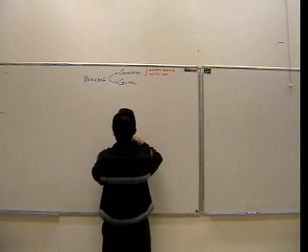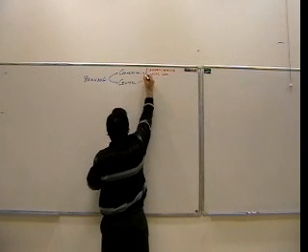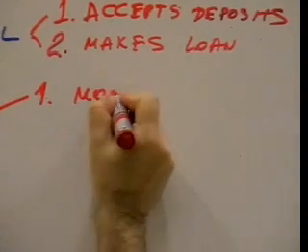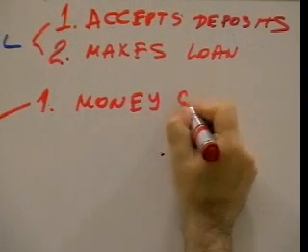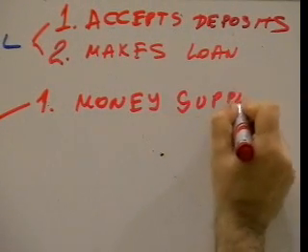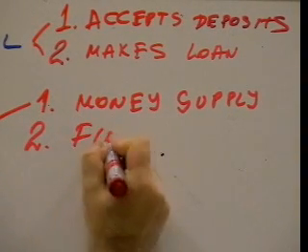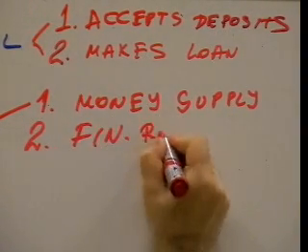So, for a central bank, let's try and put in an arrow a little here. Money supply, and I'll just shorten it to financial regulations.